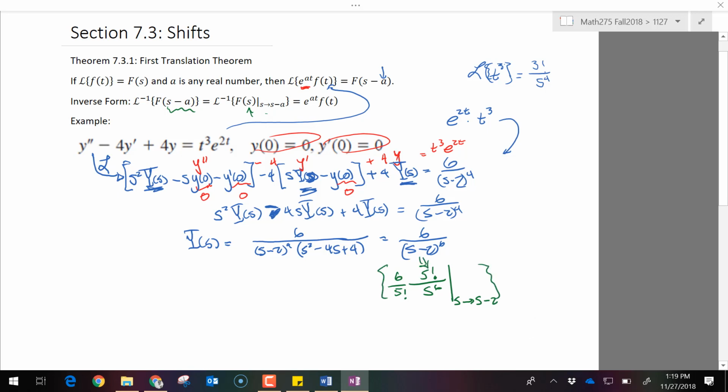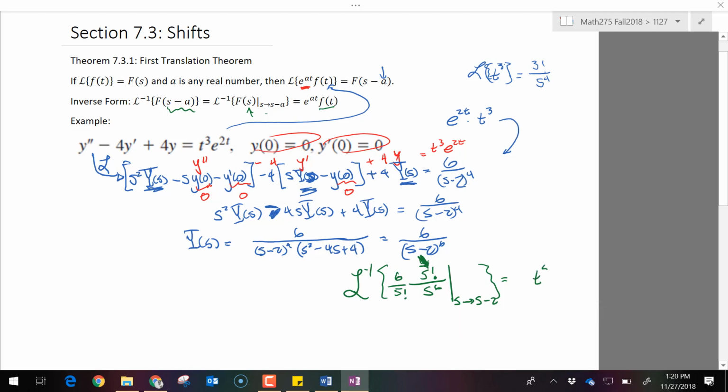So that's what this is equal to. That 6 divided by s minus 2 to the sixth power is equal to this thing, and I want the inverse transformation of that. So according to this, 5 factorial divided by s to the sixth is t to the fifth, translated back to the real world.